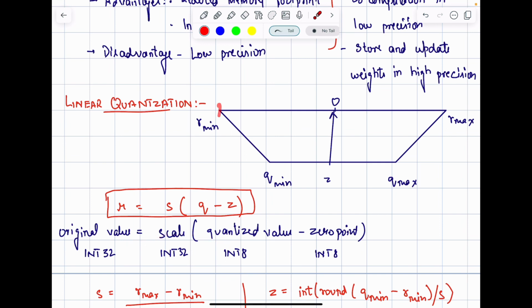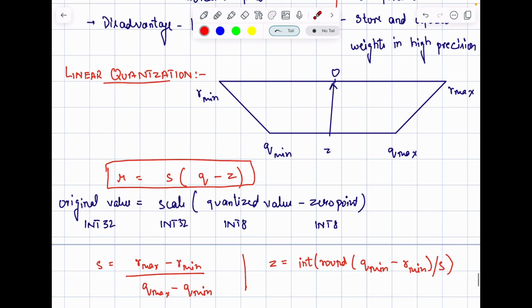Let's say this is the original range of the number in the higher data type, and this is the range of the number in the lower data type. So what you do is you map this Rmax to Qmax, Rmin to Qmin, and then the 0 point on the original data type gets mapped to some point Z in the quantized range.